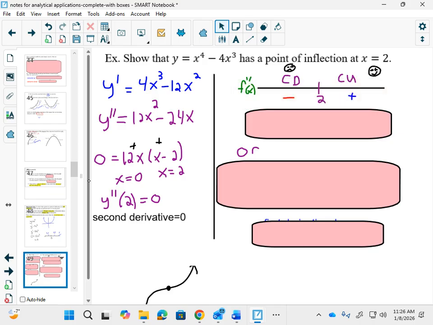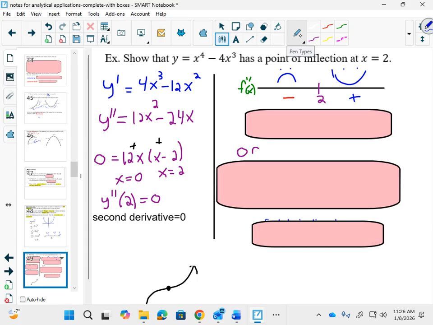I'm going to erase this. I like making the happy and the sad faces. There we go.